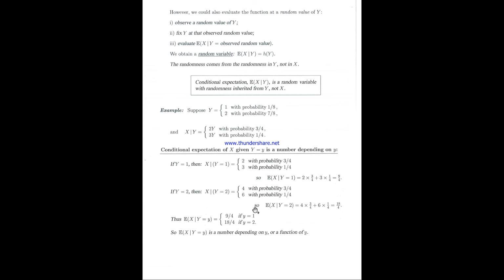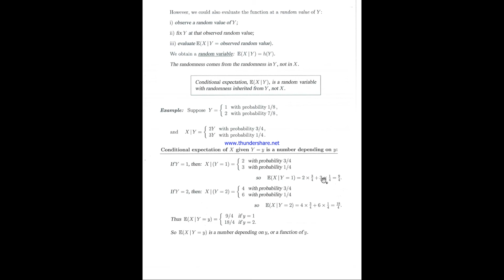So if you calculate the expected value of x when y is equal to 2, that is 4 into 3 over 4 plus 6 into 1 over 4. When you simplify that, you will get 18 over 4.